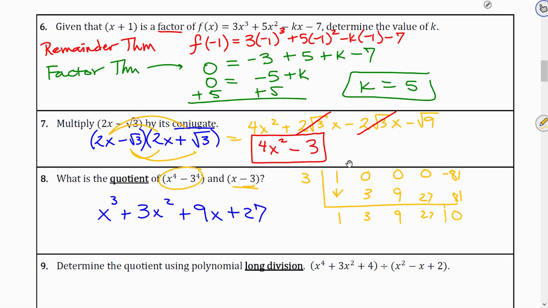Notice it divides evenly. What I'm left with is the constant term, linear term, quadratic term, cubic term. So I get x cubed plus 3x squared plus 9x plus 27. Whether you memorize the pattern or you just divide it, either way is fine.